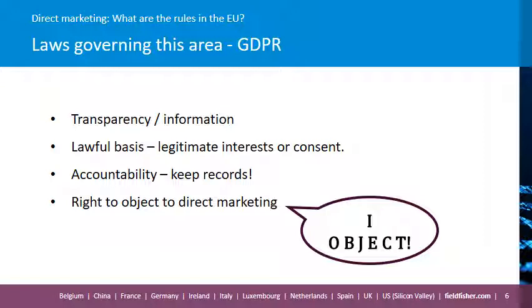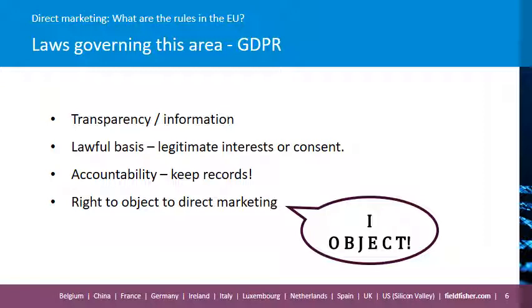And finally, you will remember that the GDPR provides data subjects with a whole suite of rights. Now, we refer to these as data subject rights. But a key right in the context of direct marketing is the right to object to direct marketing.